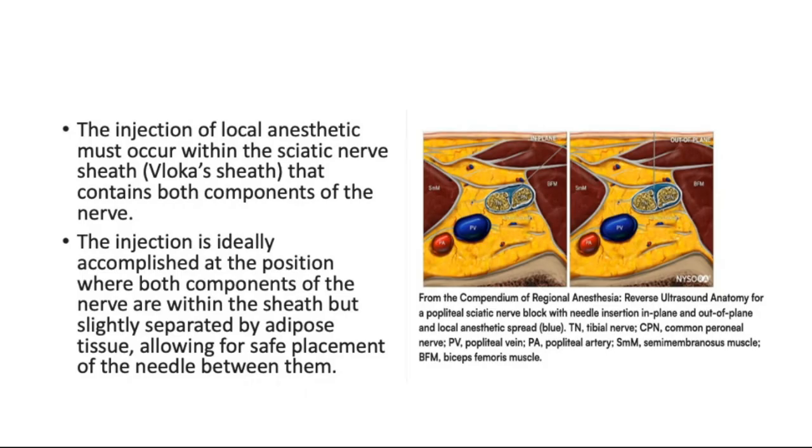Of course we have the chemical aspect in terms of the acidic environment and onset of LA, but in terms of the physical component, for the sciatic nerve block itself, if you get the location right, it should not affect the efficacy of the block, because the whole idea, especially with the popliteal sciatic, is to get it within the epineural sheath.